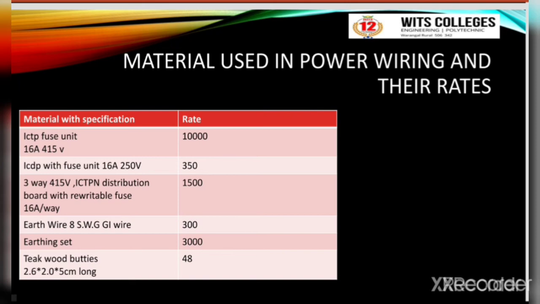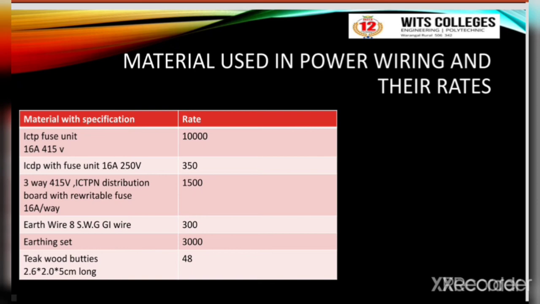And coming to the ICTPN switch, nothing but iron-clad triple pole with neutral switch. For 16 amperes its cost is 1200. For 32 amperes its cost is 1400. And the iron-clad double pole with fuse unit with a rating of 16 amperes 250 volts will cost 350 rupees each.